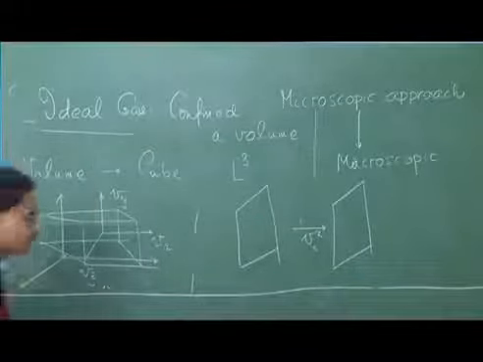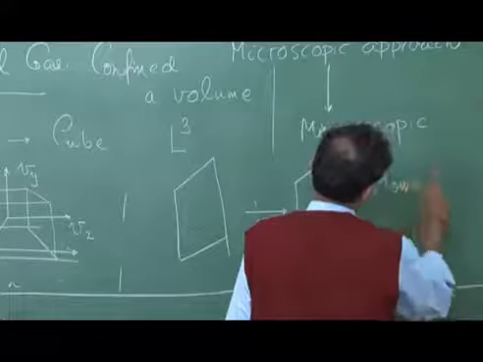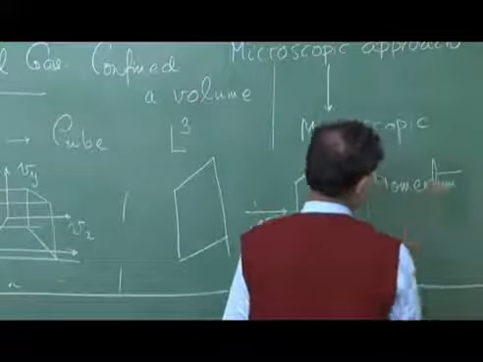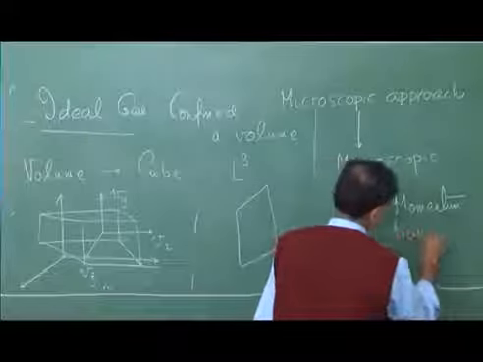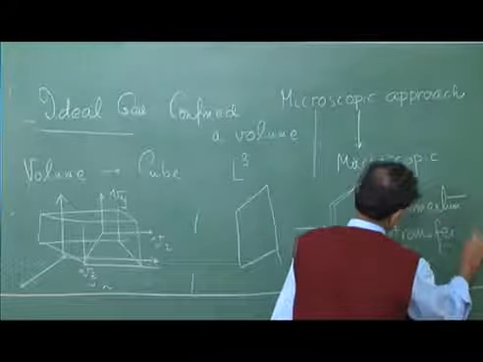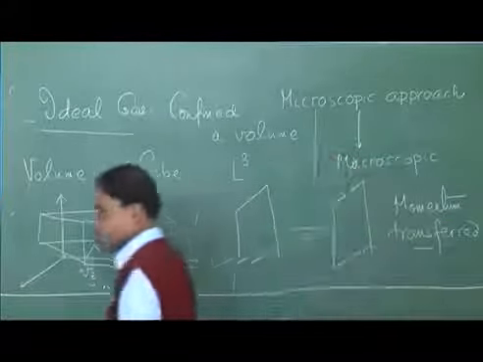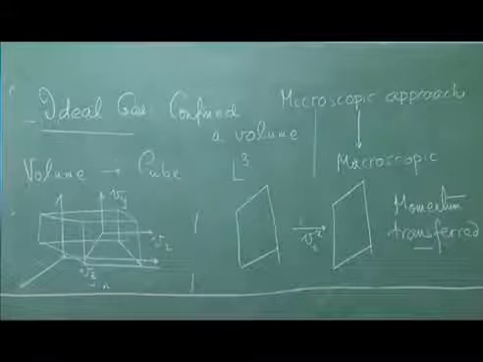And what do we want to calculate? I want to calculate pressure. So what I will calculate is the momentum transferred. What will I use to calculate this momentum transfer?